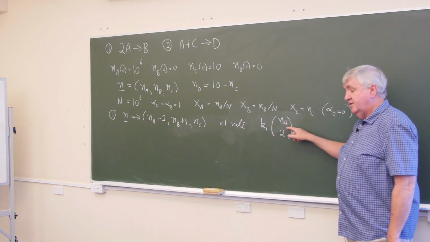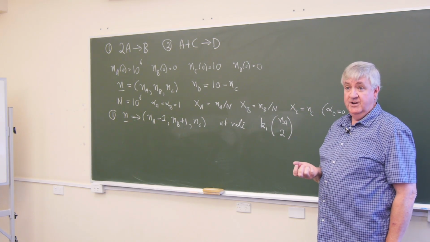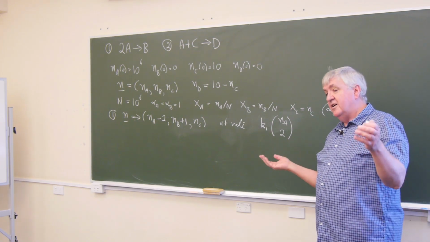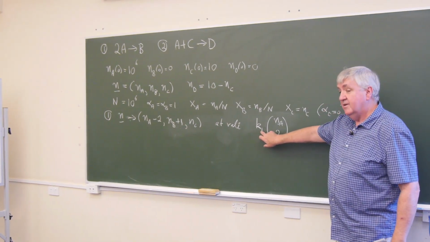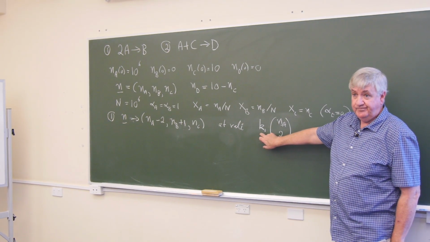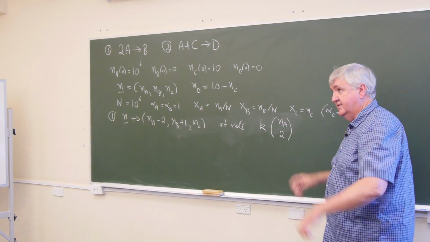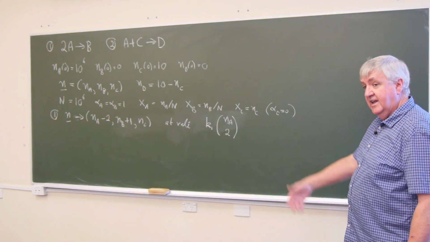So NA choose 2 because that's the number of ways of choosing a pair of A molecules. They're not proximate yet, as it were, but that's incorporated into this K1. That will be inversely proportional to volume. All right? So to take into account this homogeneous mixing and then encountering one another.